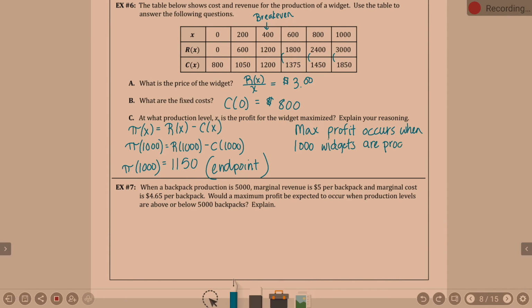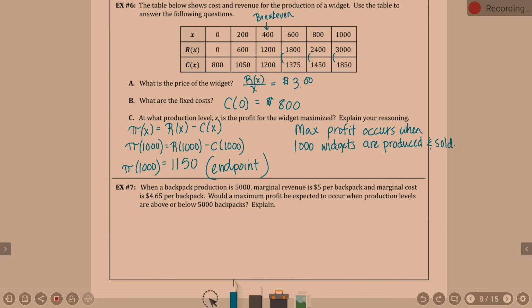Actually, I should say produced and sold. Just producing them isn't going to give me a max profit. Other than that, I just have what we already have here, that the profit of 1,000 is R of 1,000 minus C of 1,000.